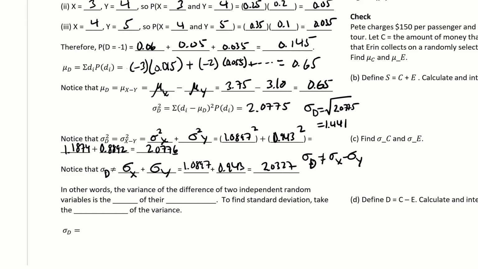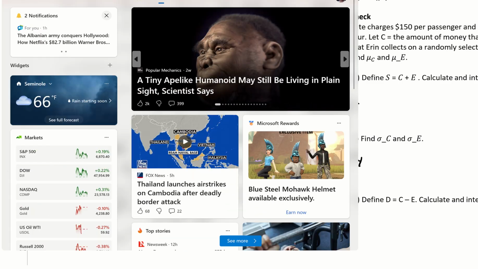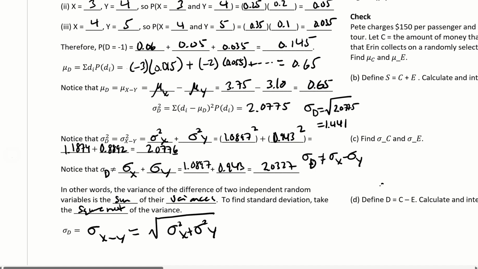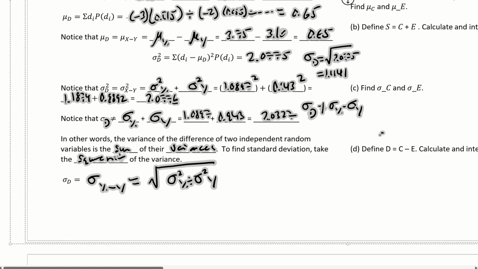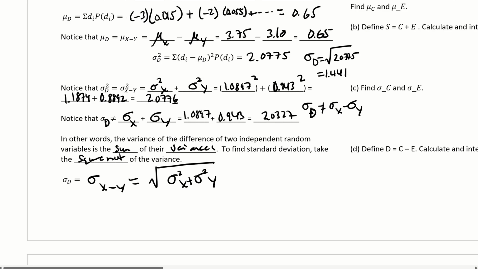So in other words, the variance of the difference of two independent random variables is the sum of their variances, same as it was before for the addition of x plus y. To find the standard deviation, take the square root of the variances. Okay, so again, sigma x minus y equals the square root of sigma squared x plus sigma squared y. Which, notice, is the same formula as sigma x plus y.